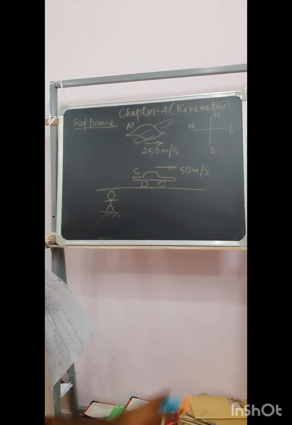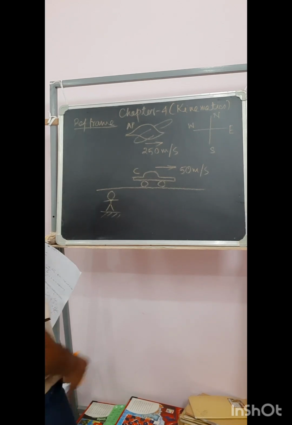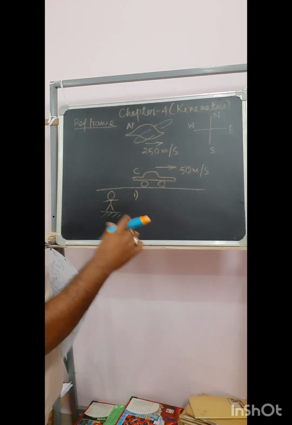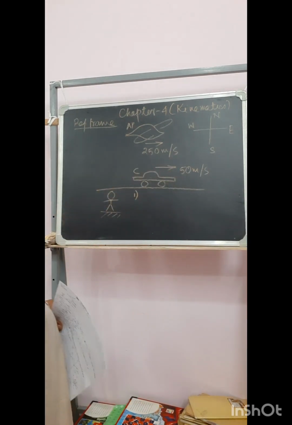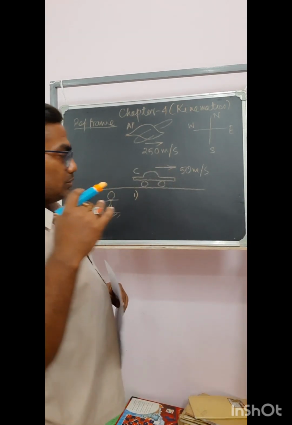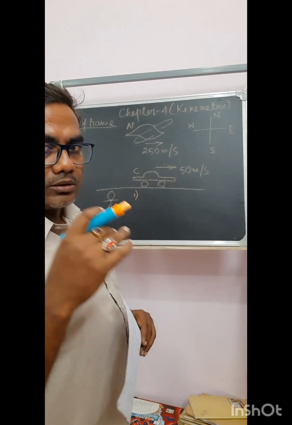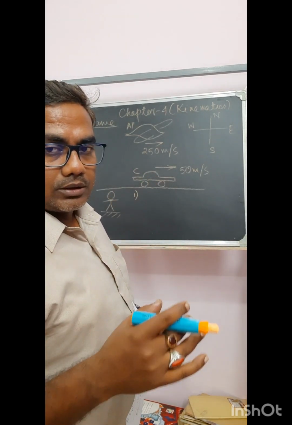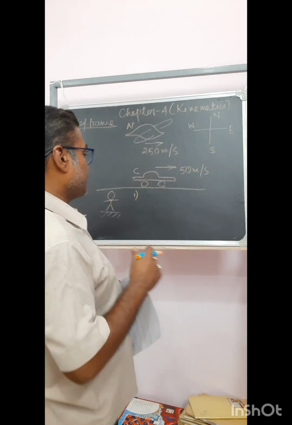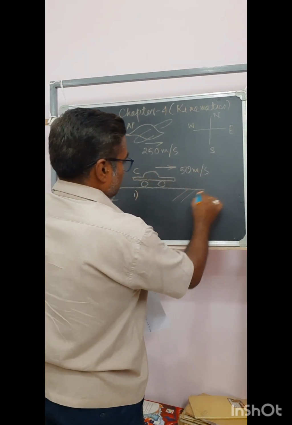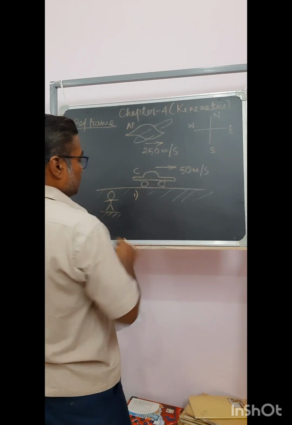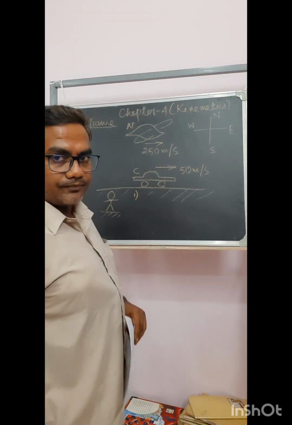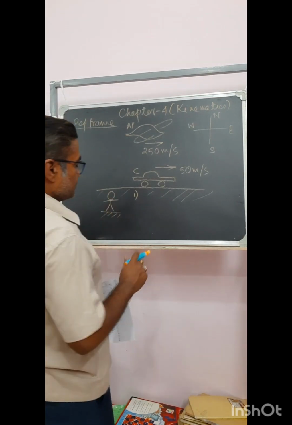So we will assume there will be three different conditions where the observer will be lying on a different reference frame. The first one would be the ground and the person who is standing on the ground. He will be our first observer.